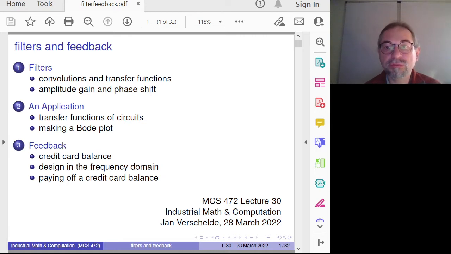So this leads to the Bode plot, and this will be illustrated on a circuit. So electric circuits are used to realize filters. We will see a peak filter.